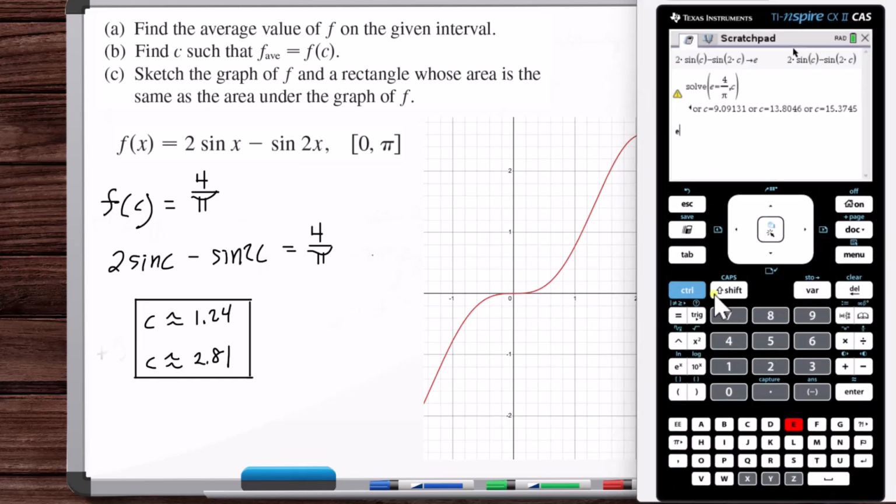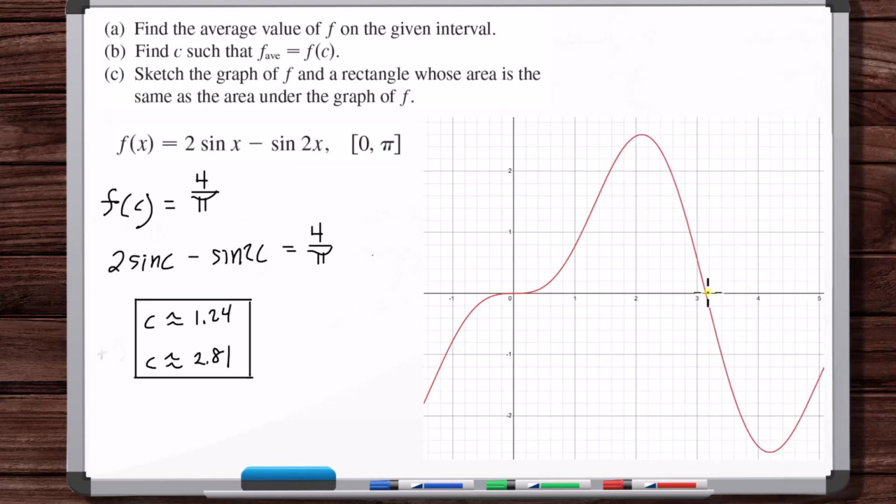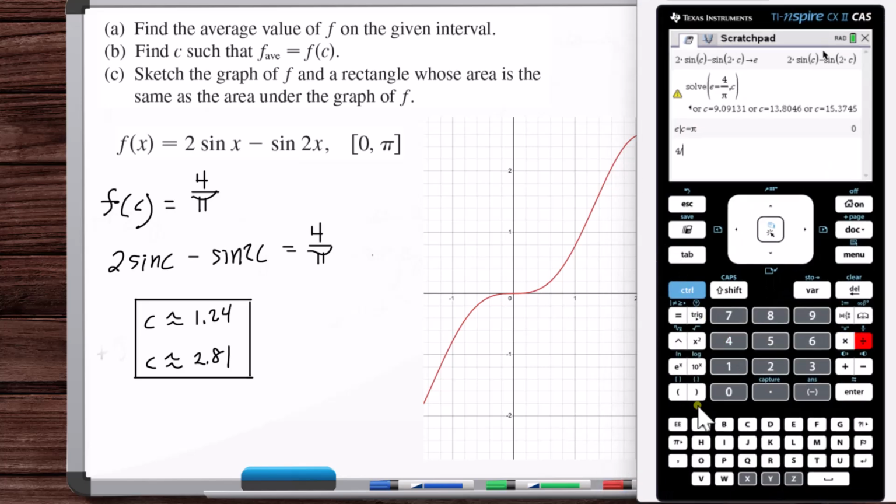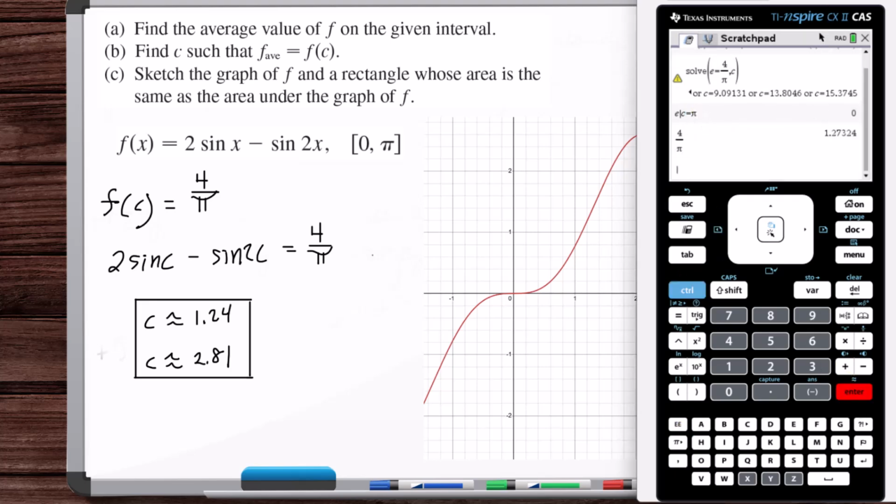The function evaluated at c equal to pi is 0. So that's pi. And so the function is always positive from 0 to pi. And the height is 4 over pi. What is 4 over pi? 1.27.